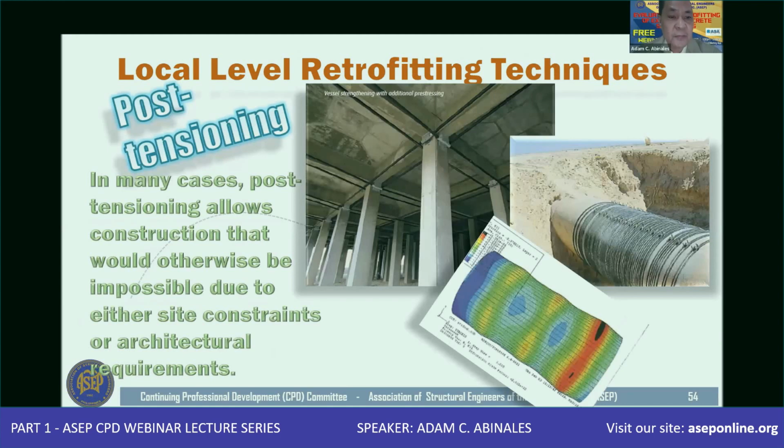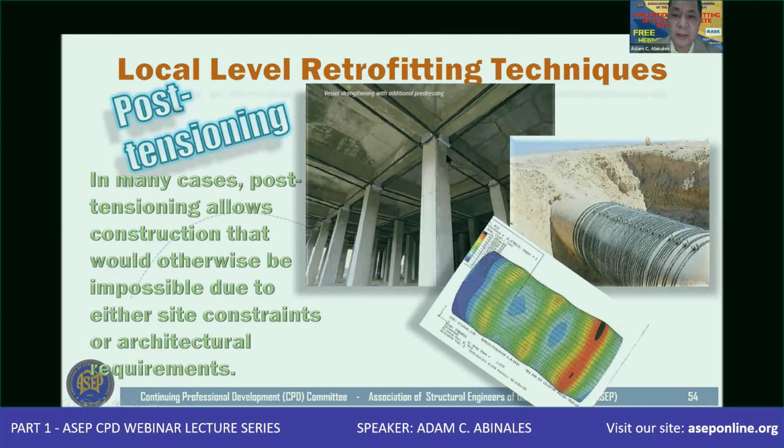In many cases, post-tensioning allows construction that would otherwise be impossible due to maybe site constraints or architectural requirements. But of course, if the ceilings are exposed, then you can see the structural elements, and definitely you can do the post-tensioning here.